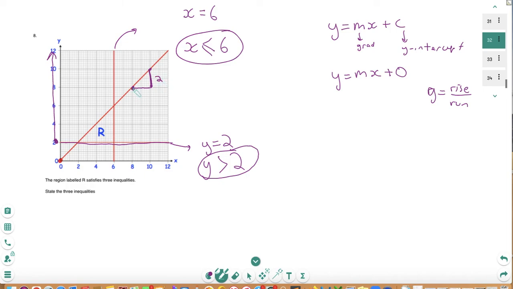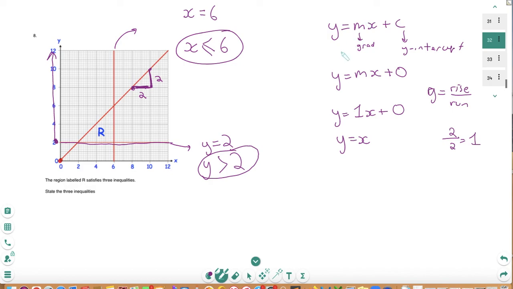And the run is from here to here, from 8 to 10 as well, which is also 2. So it's the rise, which is 2, divided by the run, which is 2. And 2 divided by 2 is 1. So our m value is 1. So we can write y equals 1x plus 0. In algebra, remember, we never need to write 1x. We just write x, y equals x. And plus 0 is a bit redundant. It's not necessary. So basically our final equation is y equals x, okay?